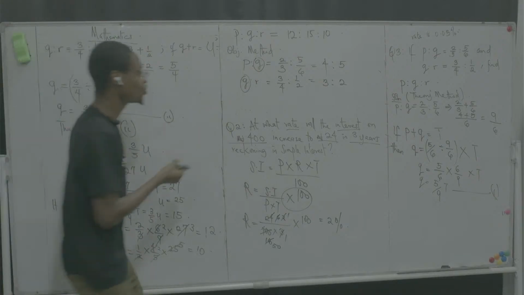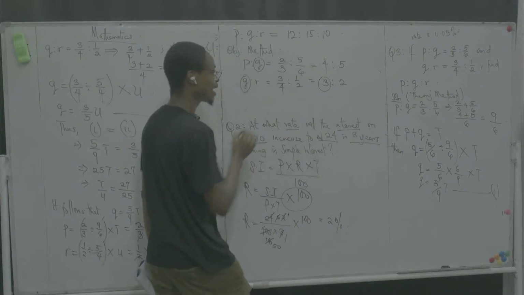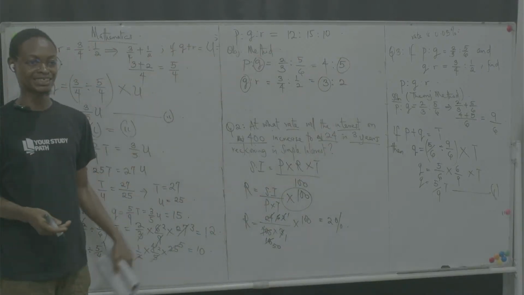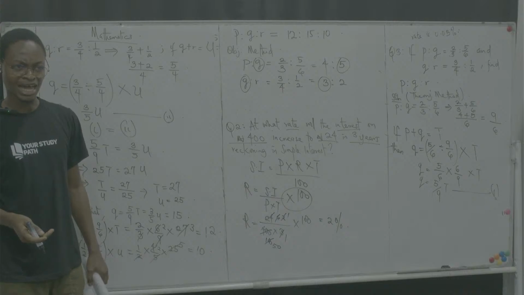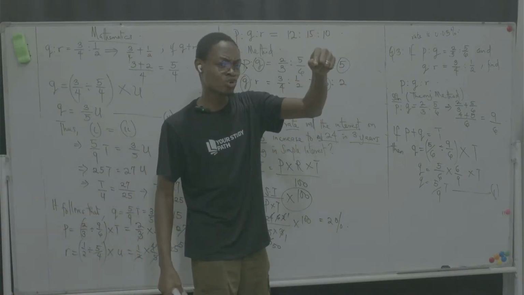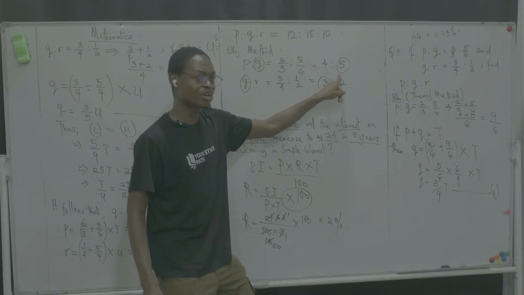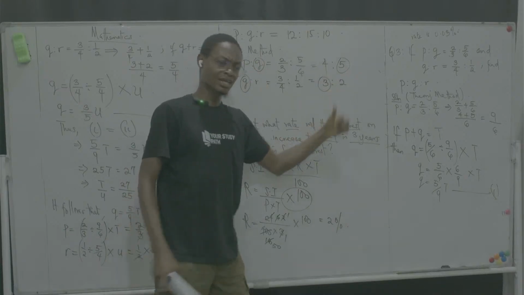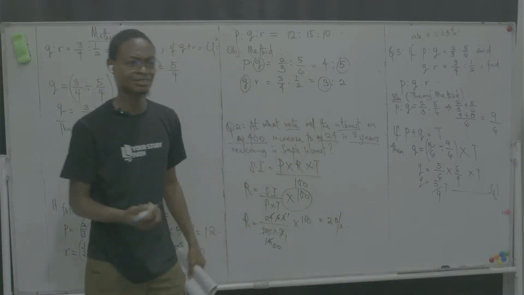So I take the value of Q here and the value of Q here, and I unify it. Which means I multiply the first ratio by a value that will make the value here equal to the value here. Now this is 5, this is 3.